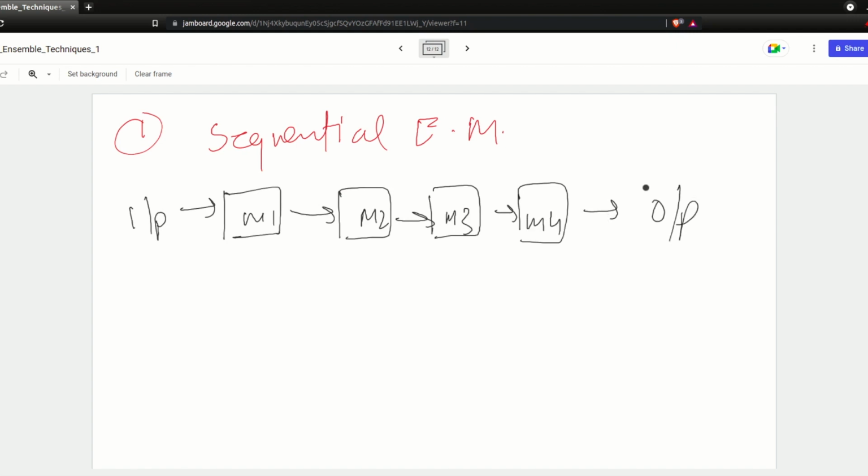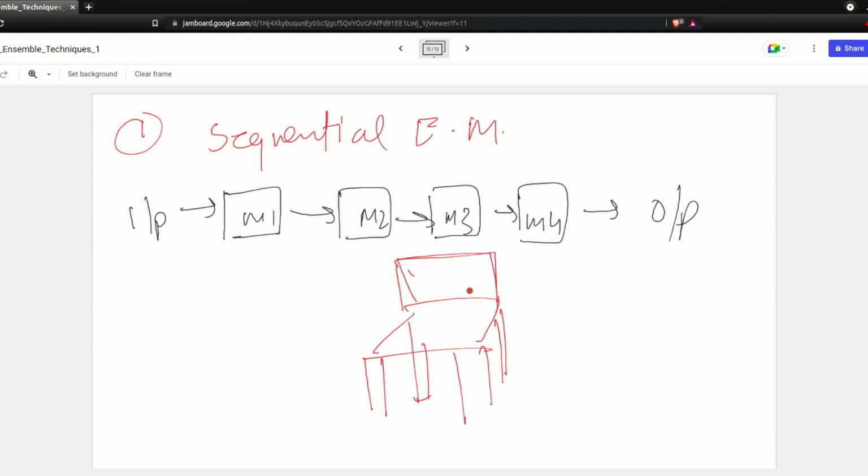If we consider a real life example of it, let's say you have a chair to be made. So this is a chair, not a good looking chair.